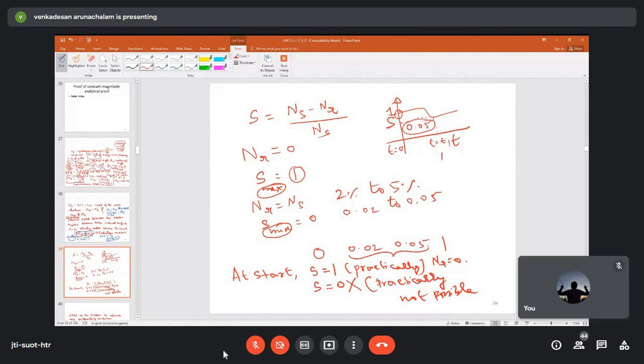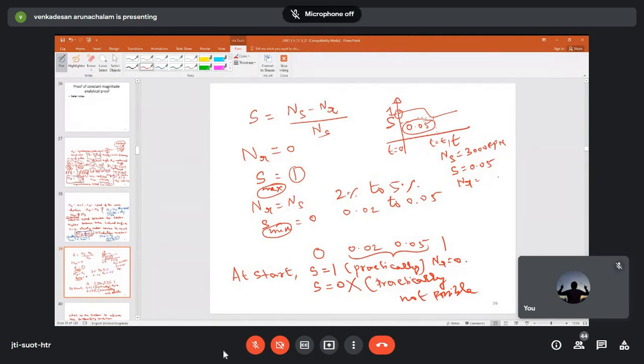For example, take synchronous speed as 3000 RPM. If your operating slip is 0.05, at what speed will the rotor rotate? Can you tell me? Substitute in the equation: S is equal to 0.05, NS is 3000 RPM. What is your NR?